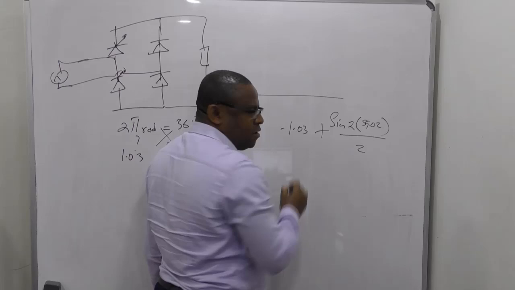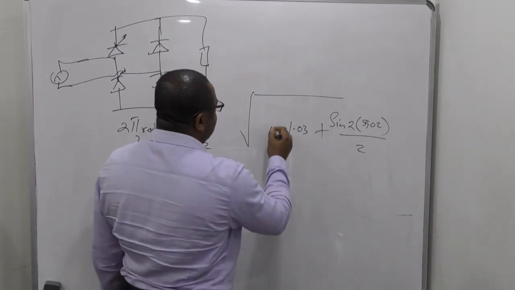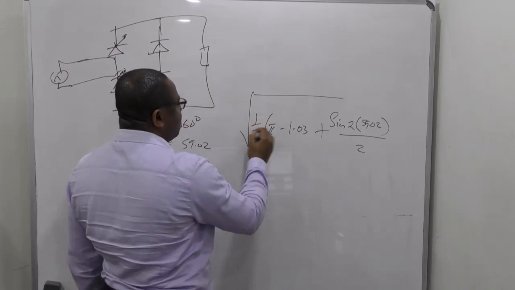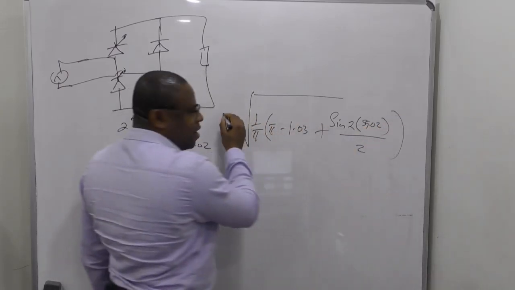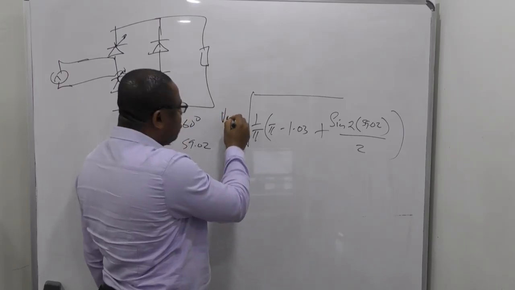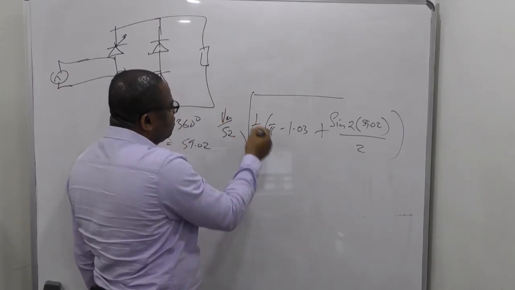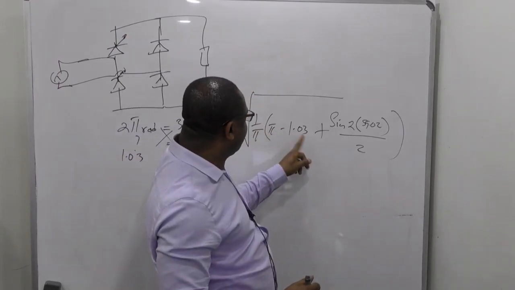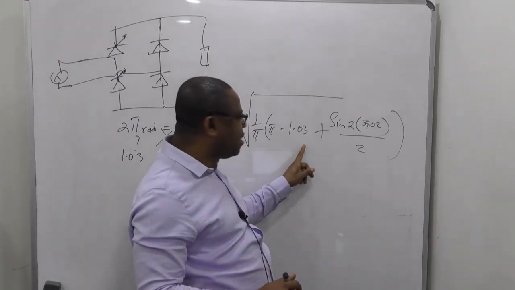So this will be pi minus 1.03, then 1 over pi, and here is Vm over root 2. This should remain as it is, pi and 1.03, you leave it as it is now in radians.